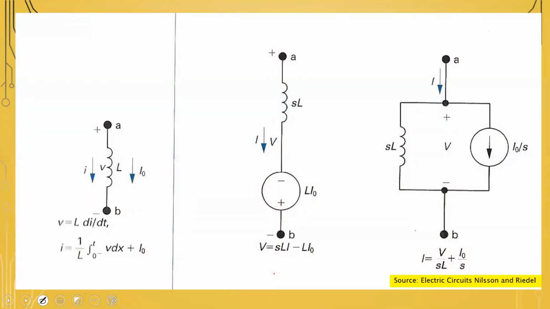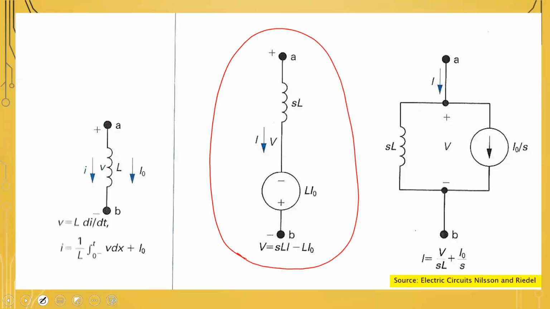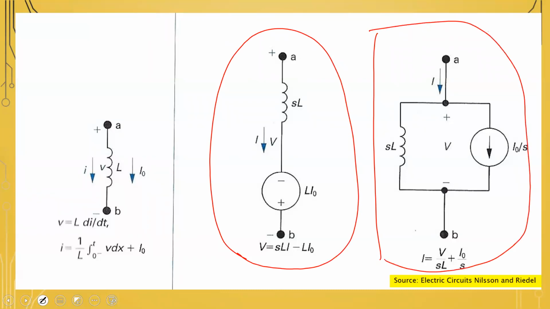So this would be the voltage representation, and this would be the current representation. I can represent my inductor in terms of two voltages, and if I have two voltages, it means that it's a series connection. Two currents means that I have a parallel connection.